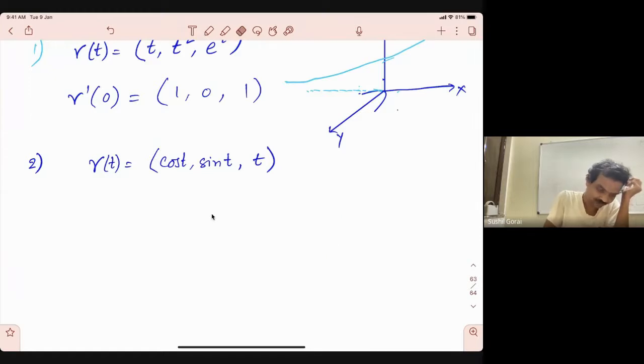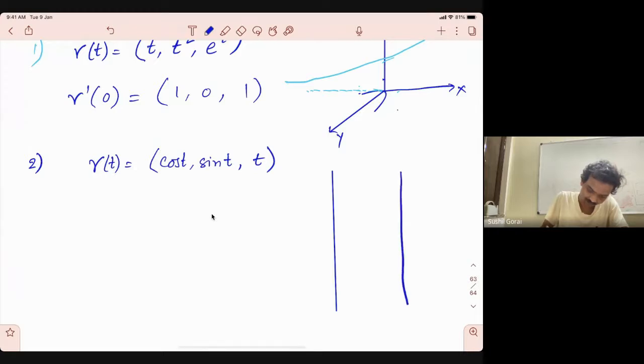Anybody saying something? If you look at the xy plane, the projection is always a circle.